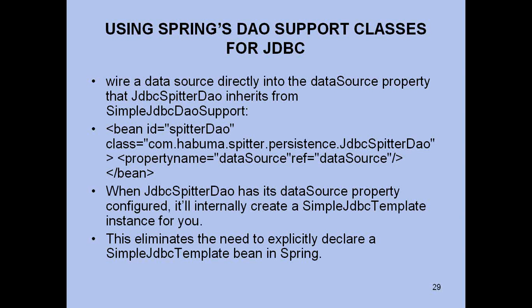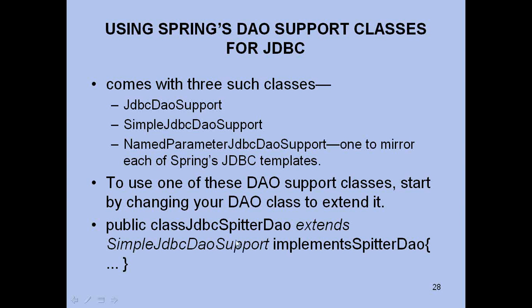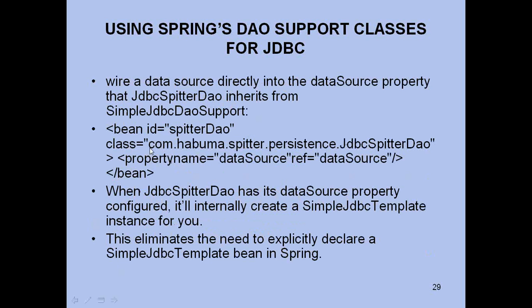And in this case, you don't need to create a property for JDBC template within this class, JDBC splitter DAO. Instead, you directly wire a data source into the data source property that JDBC splitter DAO inherits. So you can directly set this data source property inside this class, and it will be set into the class that you extended.